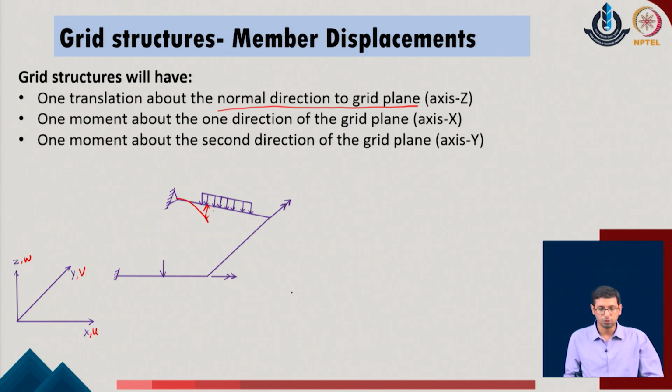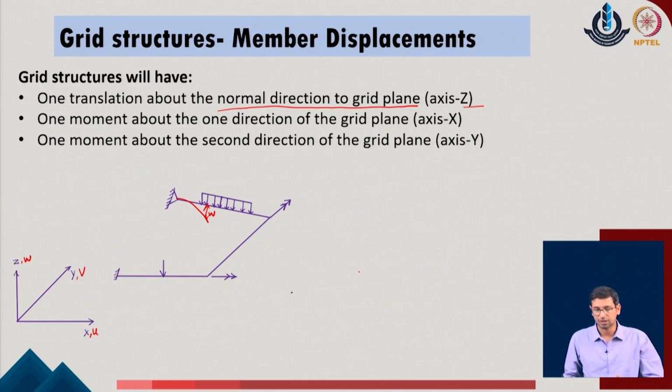So, the displacement which the grid system will actually take is about the transverse direction w of the given system. I think that is very natural. If you apply a grid system and somewhere you apply the load in the direction of z, the displacement is supposed to take place in the z direction, right? So, that is the w displacement of the given system. So, this is one of the possible displacements which we typically get in a given system.